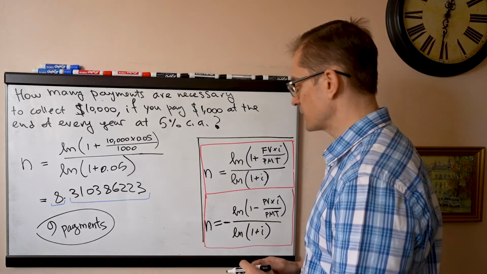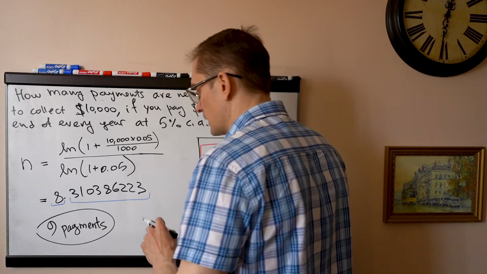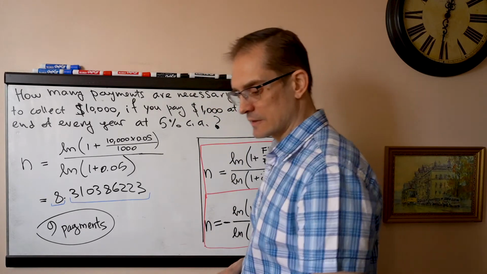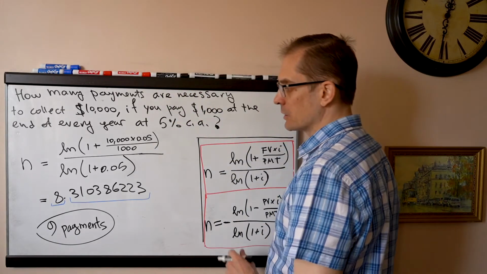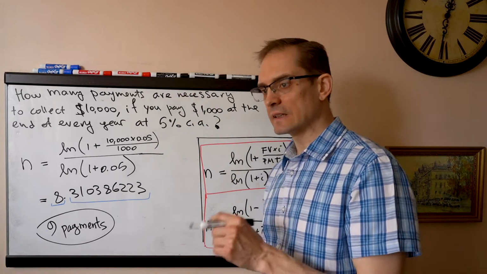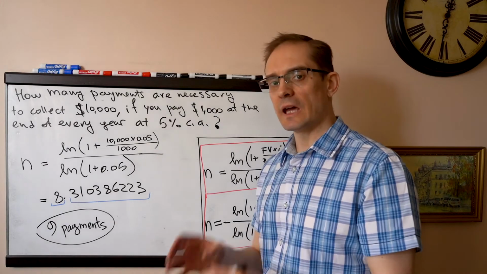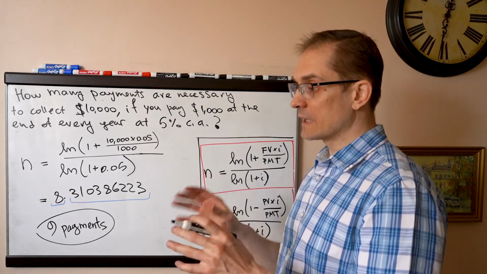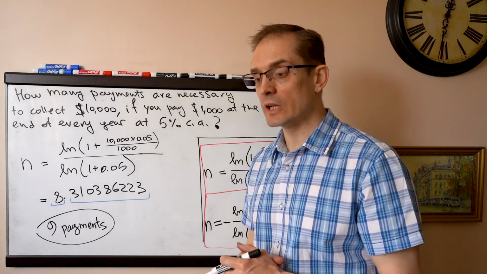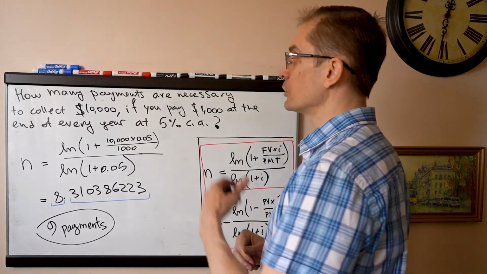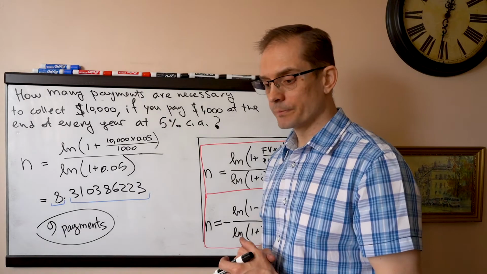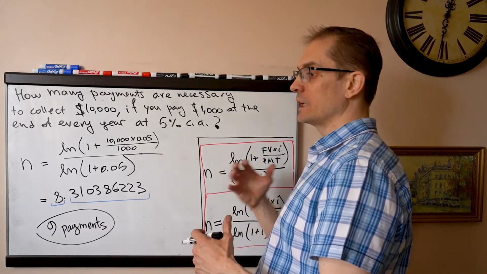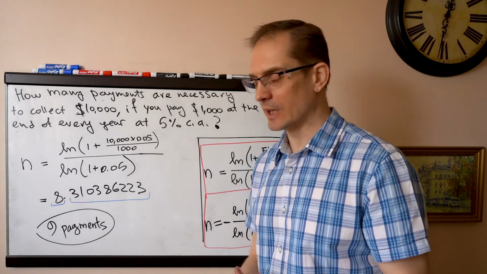Okay, having said that, there is an interesting subtlety here. Sometimes that last partial payment can actually be a negative payment, which means that the last payment is not one that you give to the bank, but one that the bank has to refund to you.